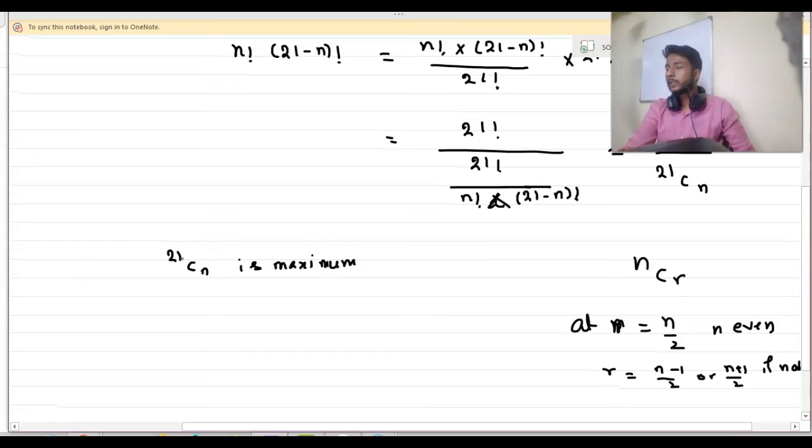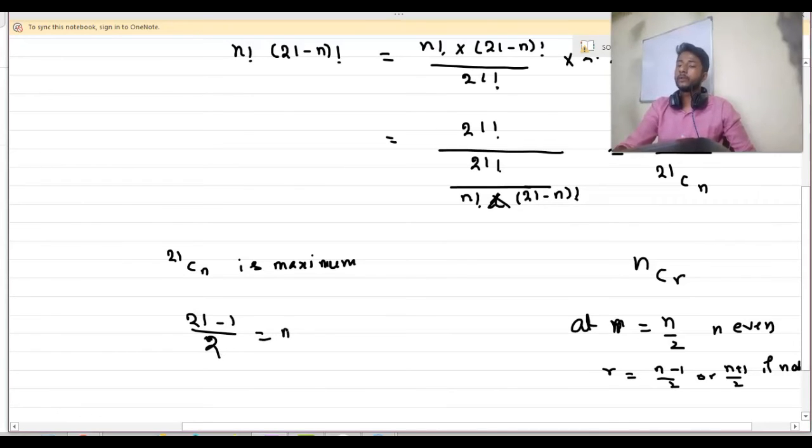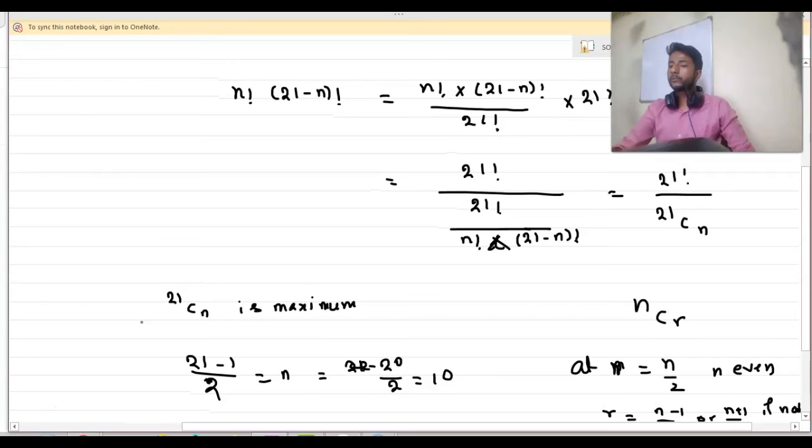Here we can see that n is 21, which is an odd number. So the value is maximum if we choose (21 − 1)/2, that is 20/2, that is 10. So the value of 21Cn is maximum at n equal to 10.